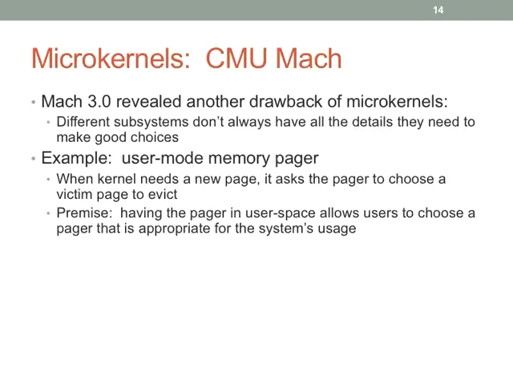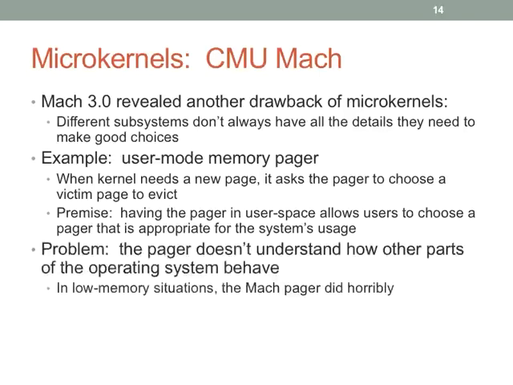But it doesn't know how other parts of the kernel or other parts of the system actually behave. And so what they found is that Mach did terribly in low memory situations, funny that we're talking about low memory situations, because it wasn't aware of all the other parts of the system that may be applying memory pressure.